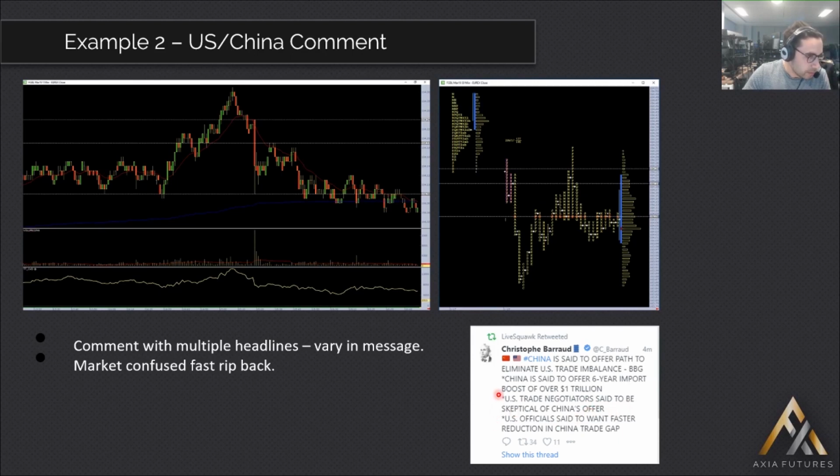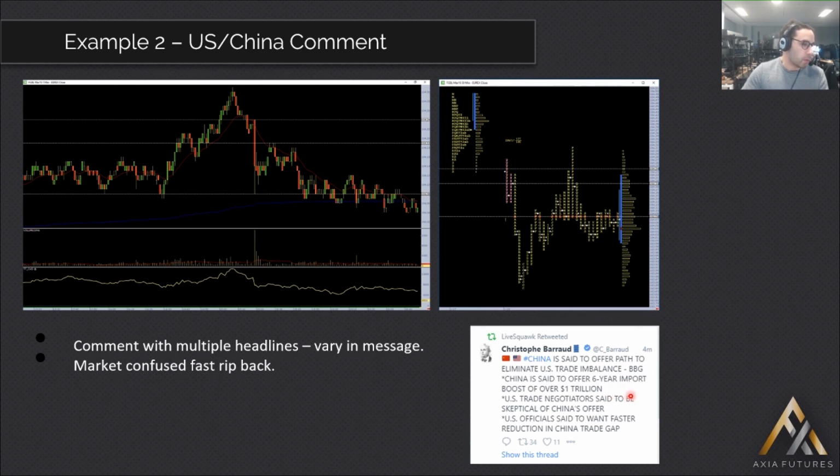Now, essentially, this part of the statement kind of invalidates everything else that's been said, and we often get these headlines or comments come through as a sequence or as a group, and it's very important that you may get in and the initial reaction may support a move based on my favourite part of this headline, which is very, very positive, be it this 1 trillion import boost.